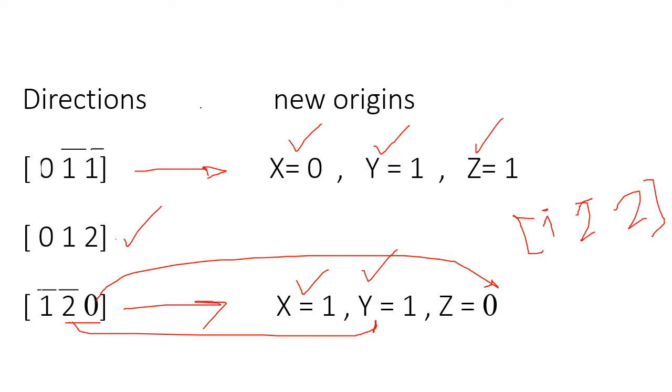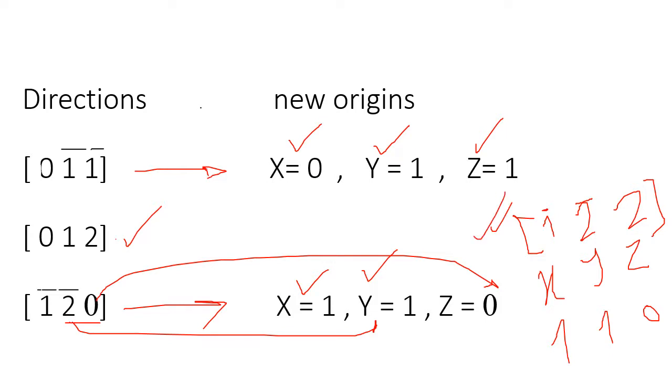So x is going to be 1, the same, y is going to be 1, the same. But here we have 2, and the new origin z in the new origin will be equal to 0. So this is a very important rule.